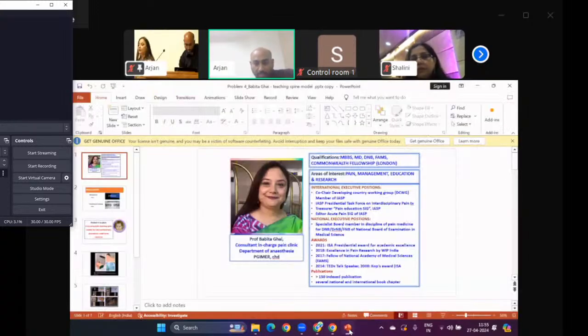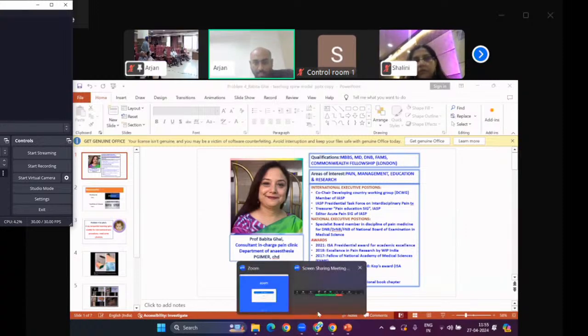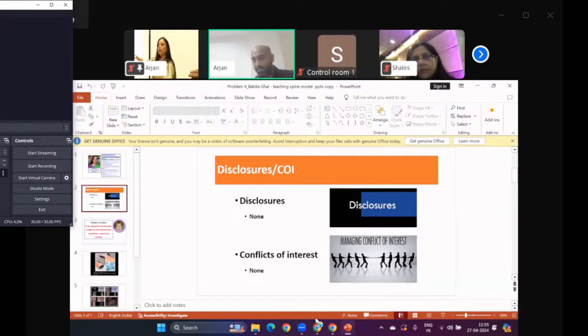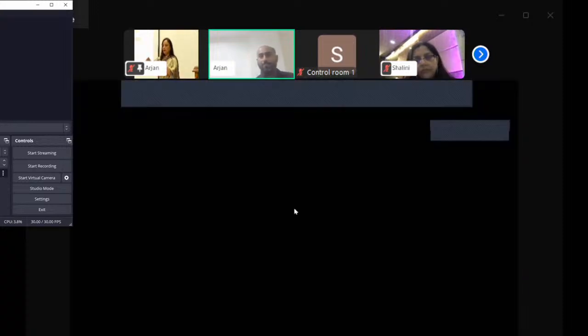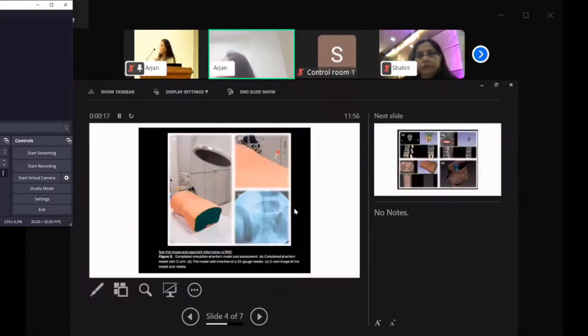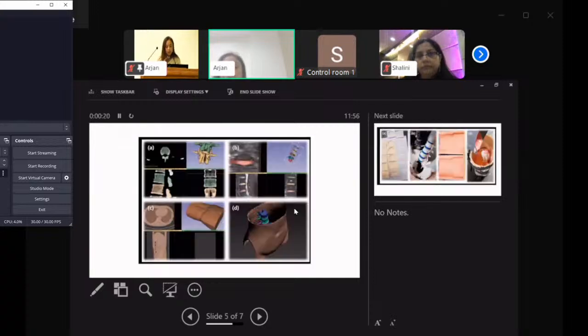So what do we have? We have spine models. We use an X-ray machine, which is known as a C-arm fluoroscopic machine, and we do our minimally invasive pain and spine procedures in the patient. To teach our residents, fellows and trainees, we need spinal models in which the vertebral bodies, discs and body parts are simulated, and that model should be X-ray compatible for teaching purposes. These models are available in the market, but there is no Indian model, and they are also not freely available to us.